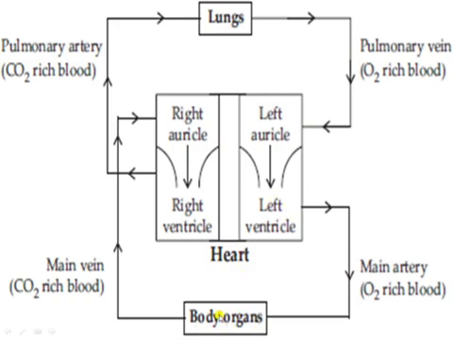Okay, then again the carbon dioxide rich blood is collected by the veins and it goes to the right auricle, then to the right ventricle, then this deoxygenated blood goes to the lungs via pulmonary arteries, and this cycle goes on continuously. Okay, this is the functioning of the heart.